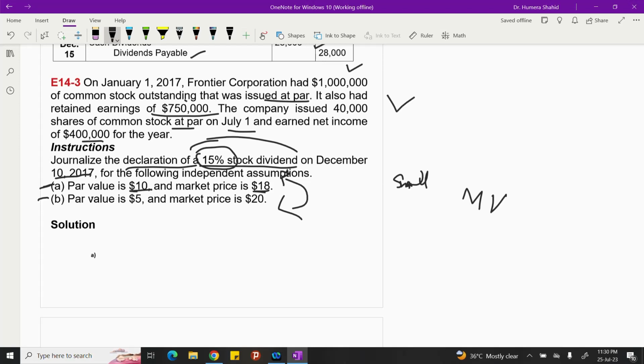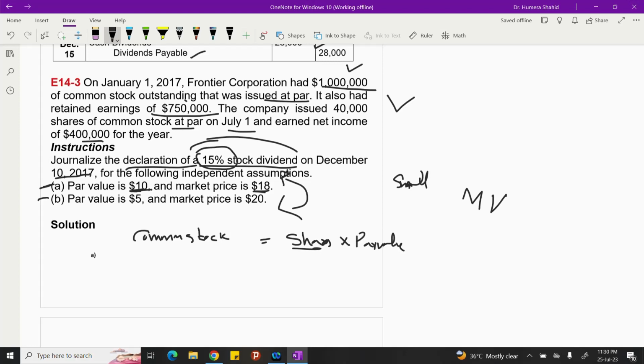be issued, right? If you see here in part 1, they are saying the par value is $10. We don't have the clear information of the opening balance of the common stock, but they gave us the full value of the common stock. We know common stock is equal to outstanding shares multiplied by par value.